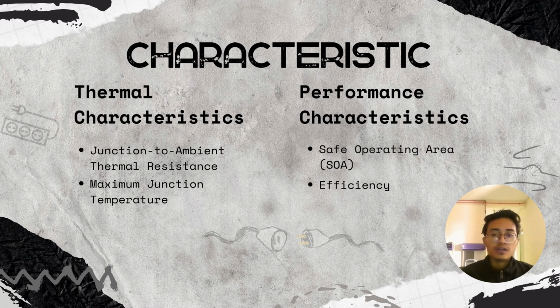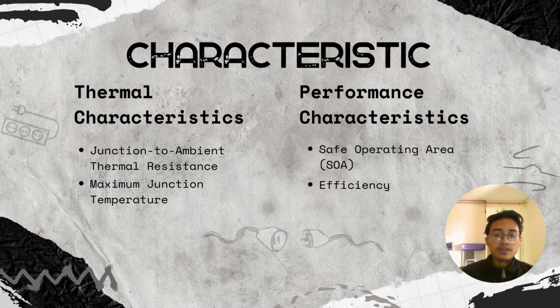It can improve heat dissipation. Second point, maximum junction temperature: the maximum temperature the MOSFET internal junction can withstand, typically ranging from 150 Celsius to 175 Celsius for silicon devices, and higher for wide bandgap material.